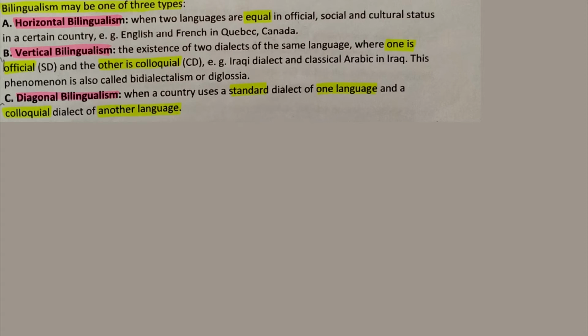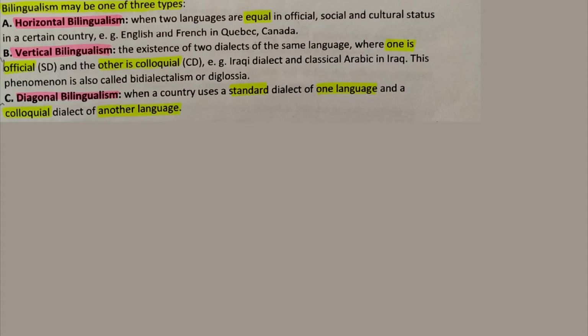And then we have what we call vertical bilingualism. It is the existence of two dialects of the same language where one is official and the other is colloquial. I have already explained the meaning of SD and CD. You see, SD is standard dialect and CD is colloquial dialect. Standard is prestigious and CD is not prestigious.